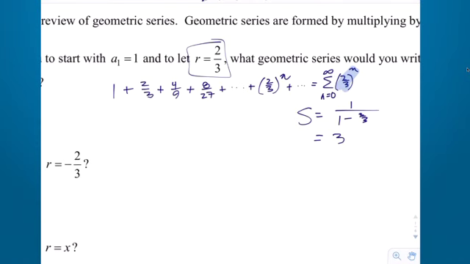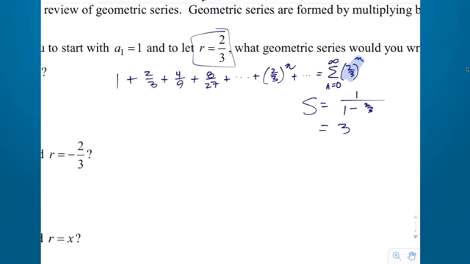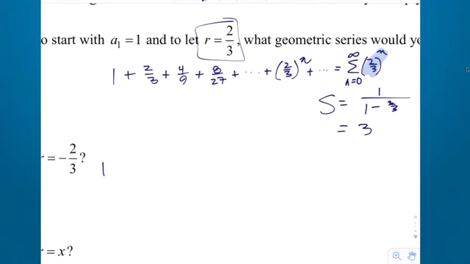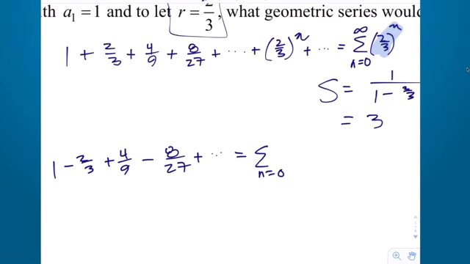All right, what if your ratio was negative 2/3? Well, the first term would be 1. The next term would be negative 2/3 times another negative 2/3 gives you positive 4/9. And then another negative 2/3 gives you negative 8/27 plus ... This one can be written in a very similar fashion.